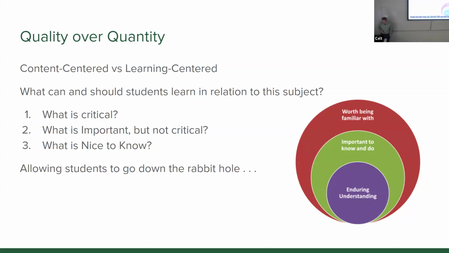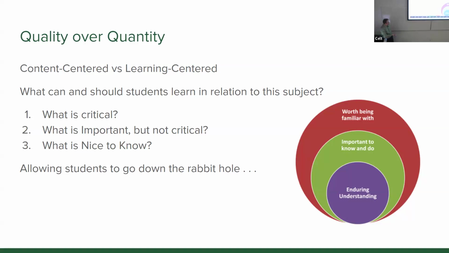Basically, we're starting with a list of topics, often based on textbook chapters, and we work through them over the semester, focusing on coverage. Alternatively, a learning-centered course begins with the answer to the question, what can and should students learn in relation to this subject? And then moving forward to organize our activities, assessments, and content presentation in a way that supports that learning.